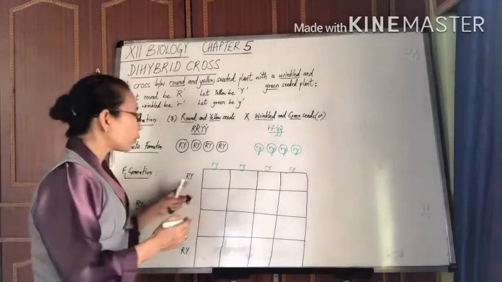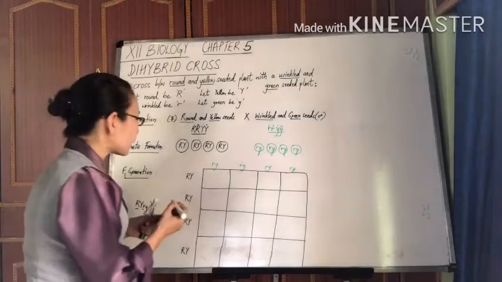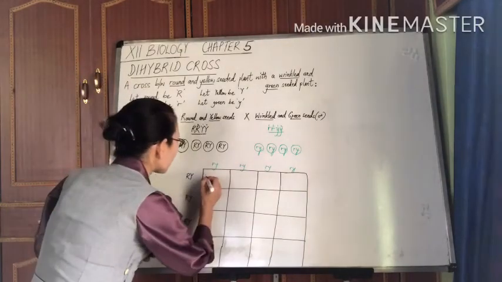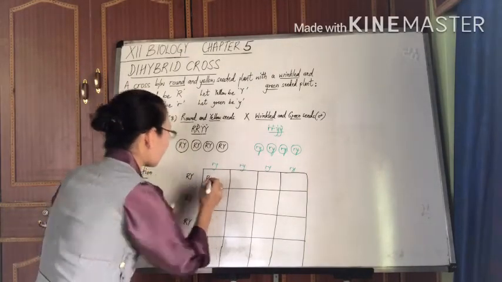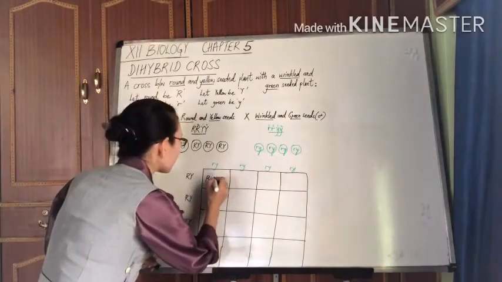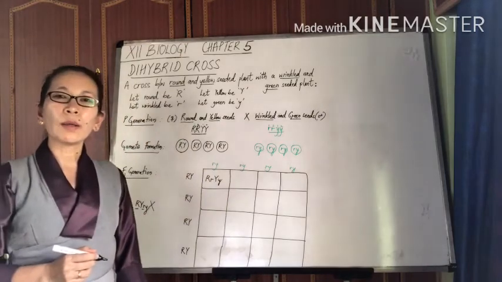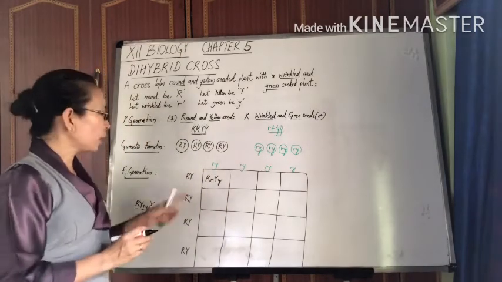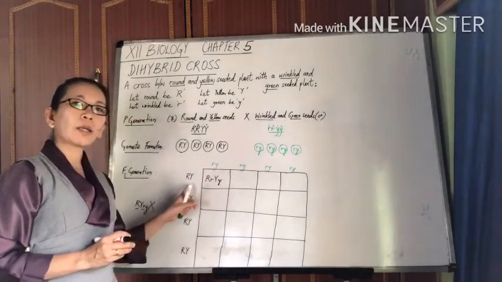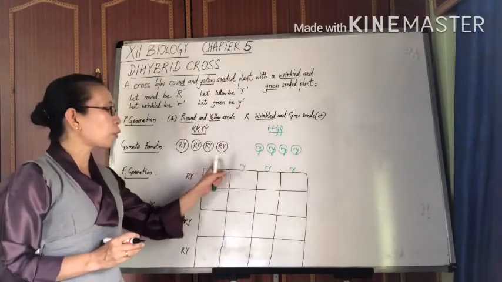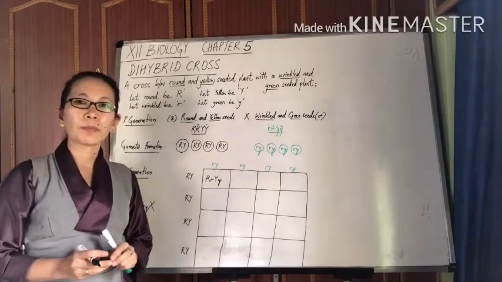So we write capital R, small r, followed by capital Y, small y. This is the correct way to write the combination of the capital R, capital Y female gamete and the small r, small y male gamete.